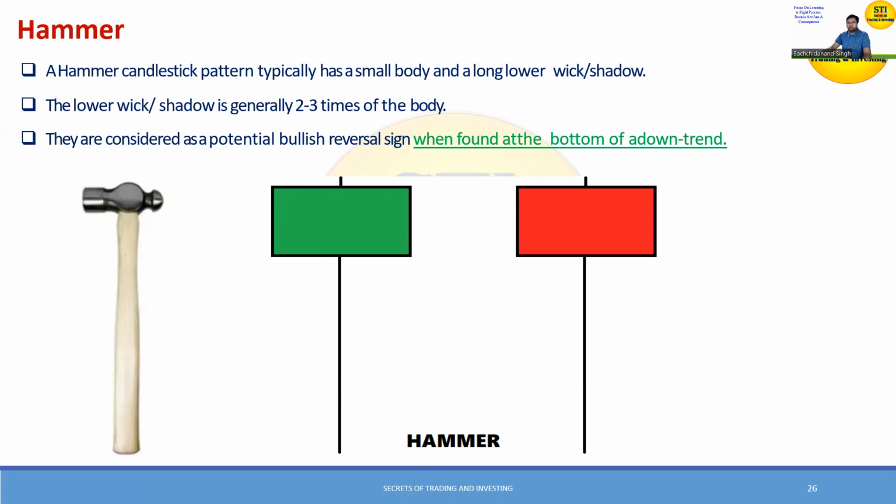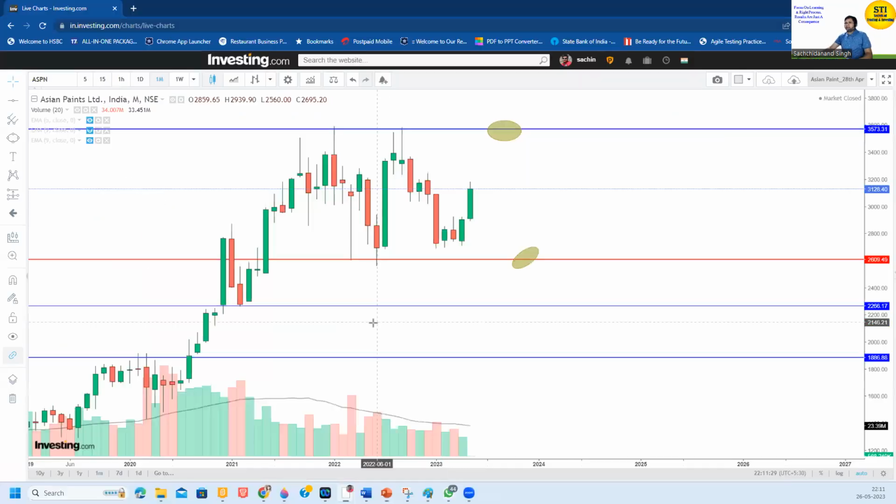In general, the wick should be 2 to 3 times larger than the body, and if we see that kind of candle, we can treat it as a hammer. Their significance is that they are considered a potential reversal sign when found at the bottom of a downtrending stock.